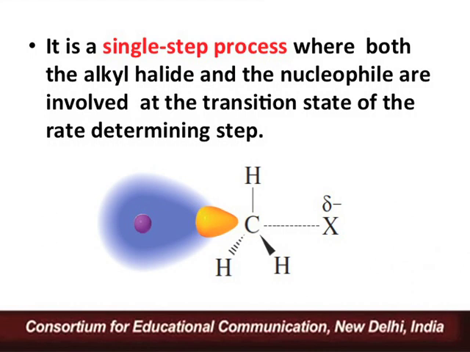That is, what I have shown here is a transition state, and what we find that in transition state, nucleophile is making a bond with the back lobe of the carbon at sp3 hybridized carbon, and at the same time the bond is being cleaved between the carbon and the halogen atom.